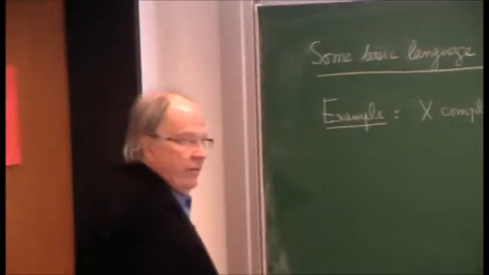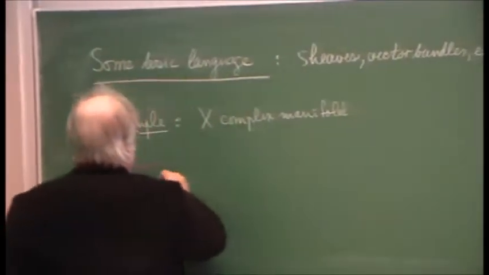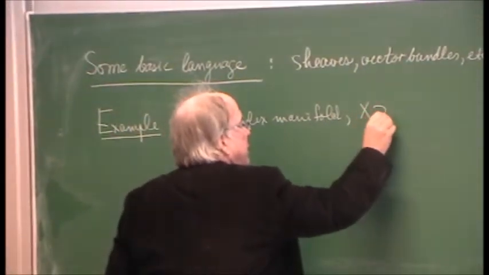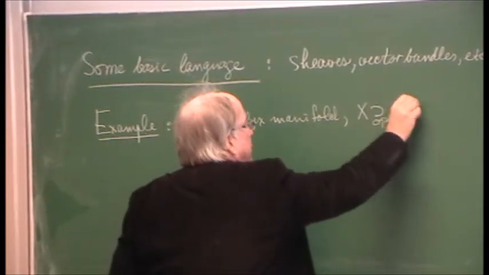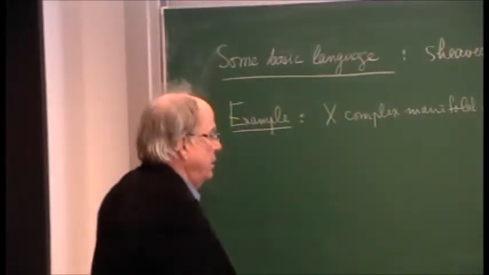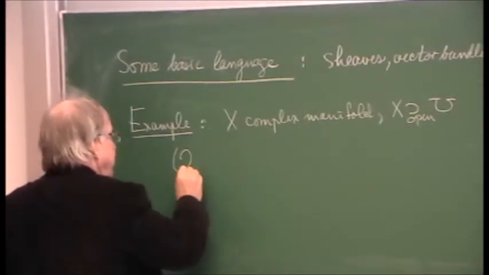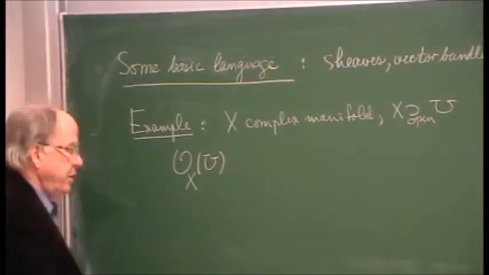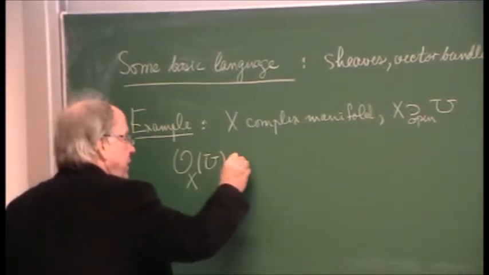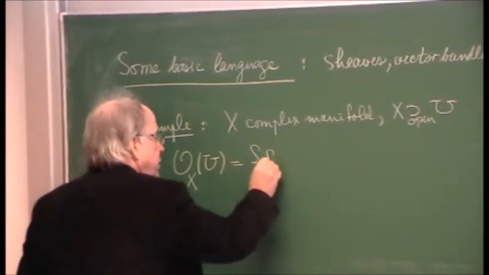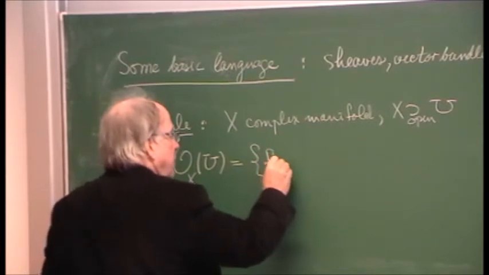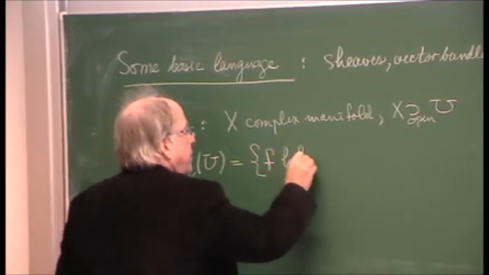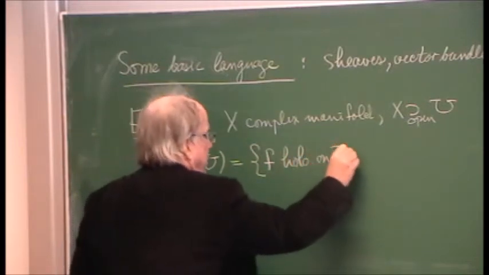And if you have an open subset U in X, then the notation is OX. This will be my notation. Maybe I've used it already, actually. These are just the functions f which are holomorphic on U.